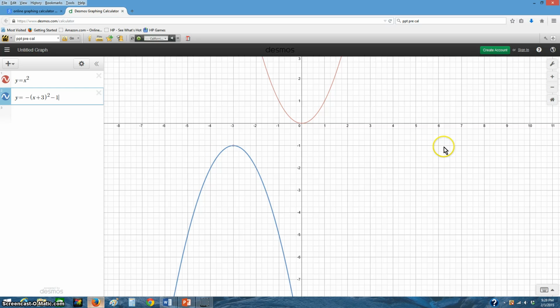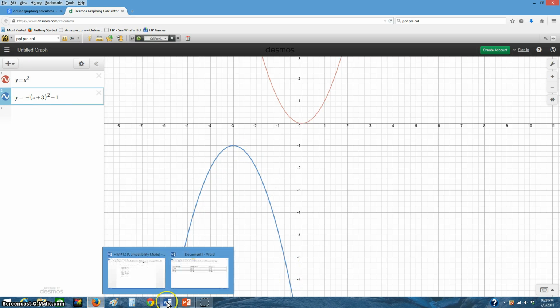All right, so let's see what happened. First of all, if we start here with our parent function, it seems that it shifted it 1, 2, 3 units to the left, and it also shifted it 1 unit down, and then it also reflected it, or in other words, flipped it, turning it into a parabola that is opening down.